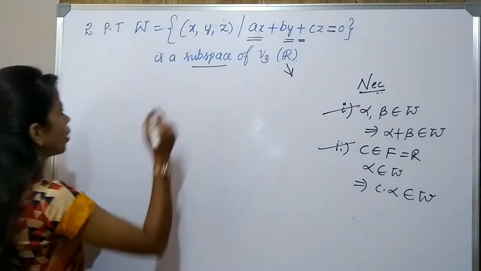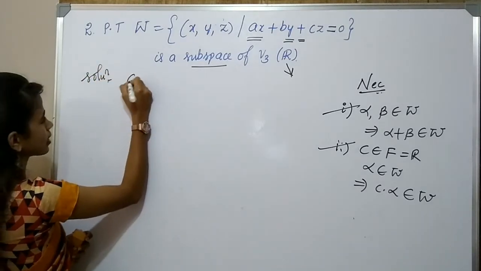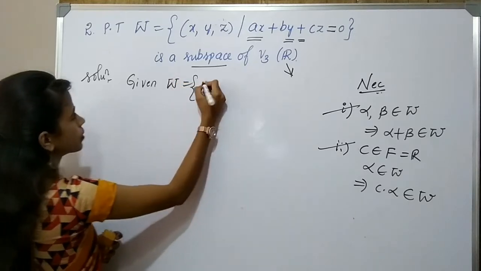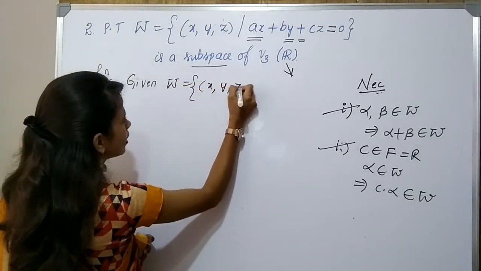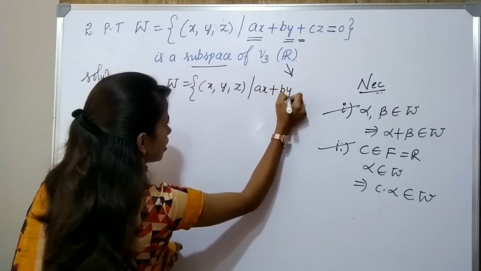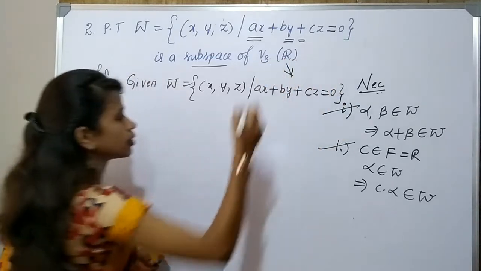Okay. So for that, here is the solution. What is the set given? Given the set W is equal to the set of all (x, y, z) such that ax + by + cz equals 0. Okay.